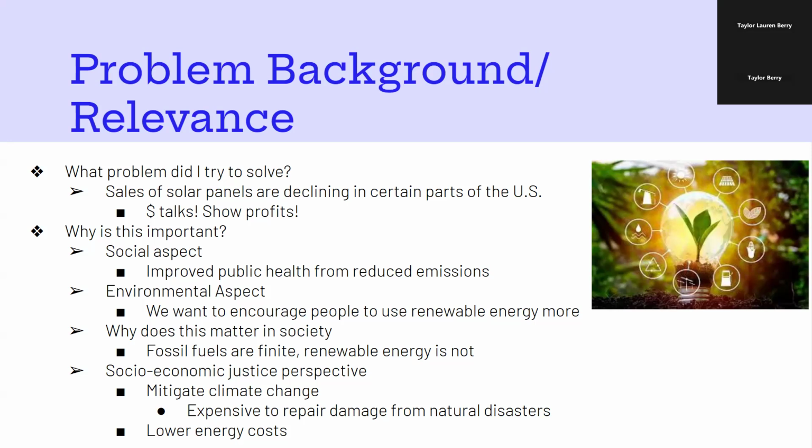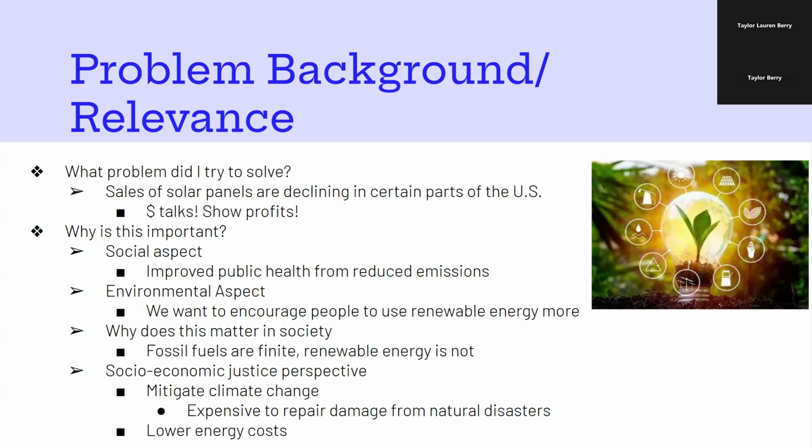So why is this important? Reduced emissions: using renewable energy like sunlight and wind has been shown to improve public health, obviously, because we're not having as much air pollution. The environmental aspect also ties into this. We want to encourage people to use renewable energy more because, leading into the next point, fossil fuels are finite and renewable energy is not. One day we're probably going to run out of fossil fuels and maybe we'll go to Mars and try and dig up their stuff there or whatever.